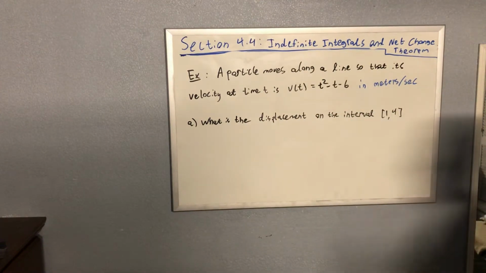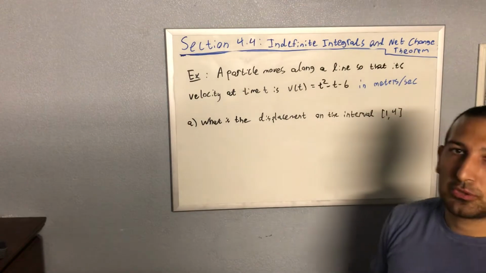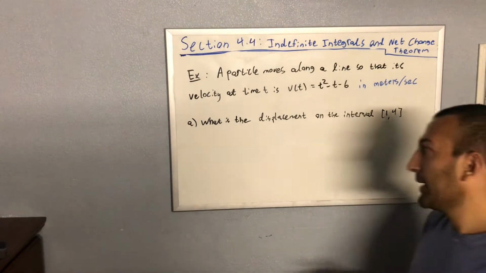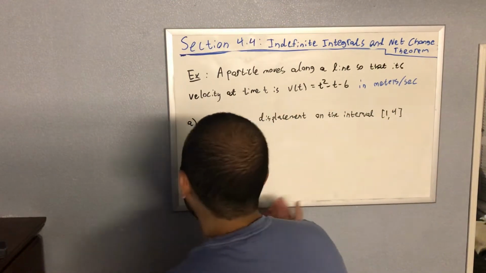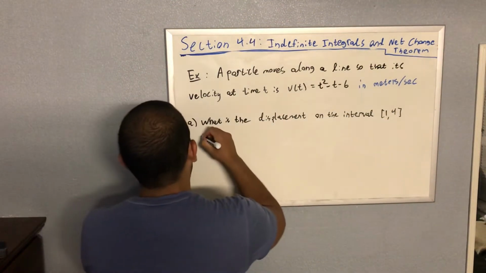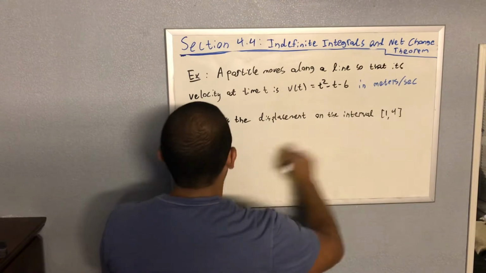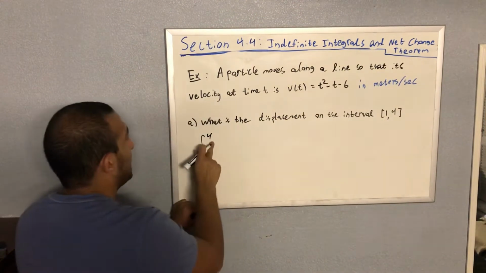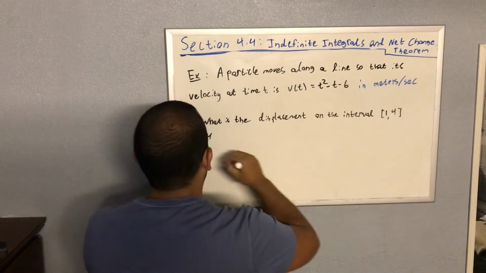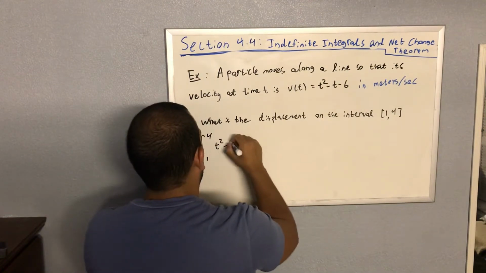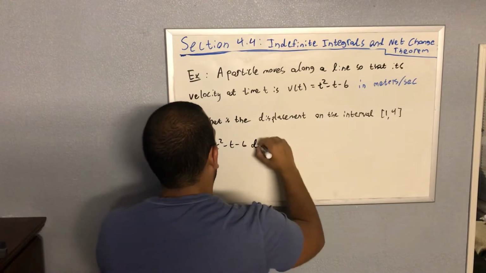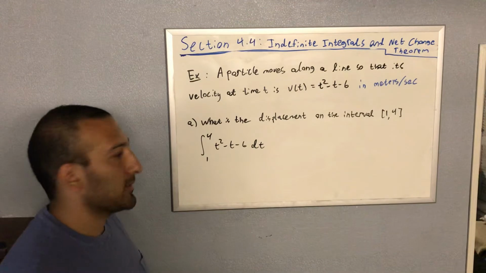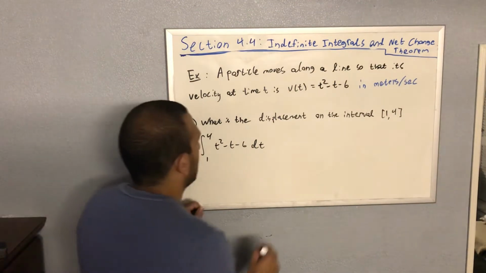So from 1 second into its motion up to 4 seconds, how much has it displaced? And like we talked about earlier, the answer to this is just going to be the integral. This is t1, this is t2, so it's going to go from t1 to t2 of the velocity function. Here we didn't need to take any absolute values and worry about that. This is the nicer case.